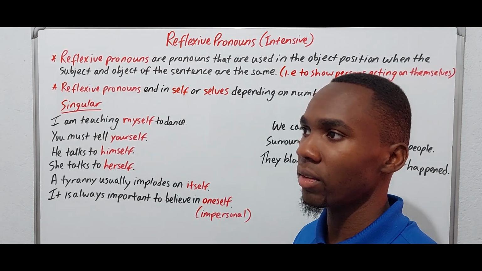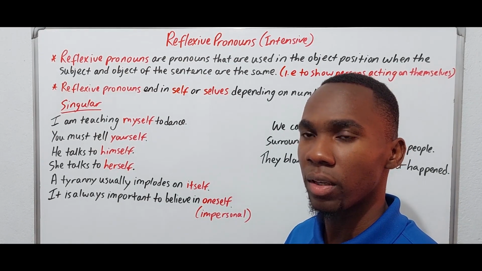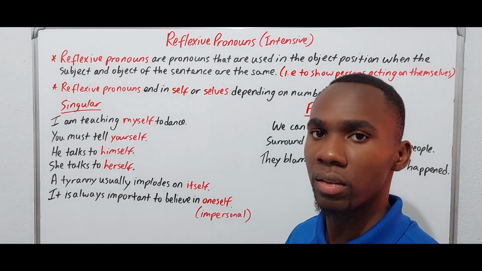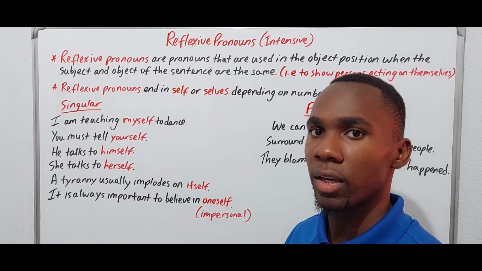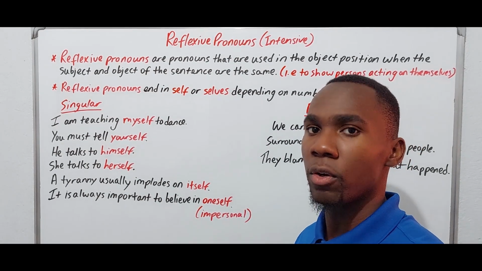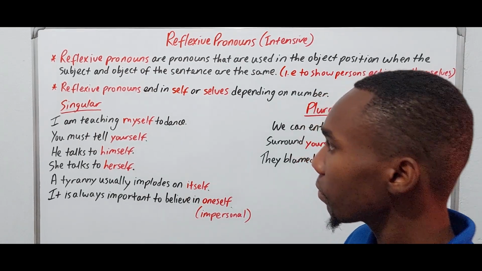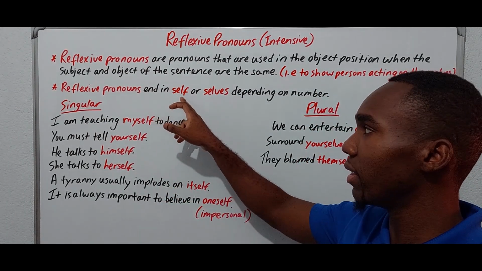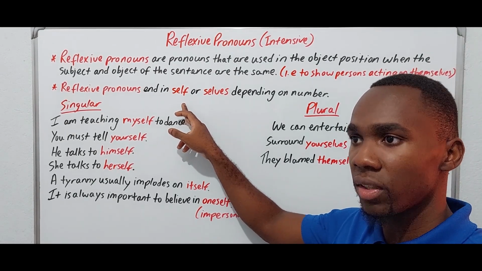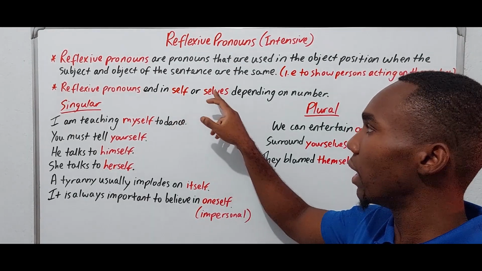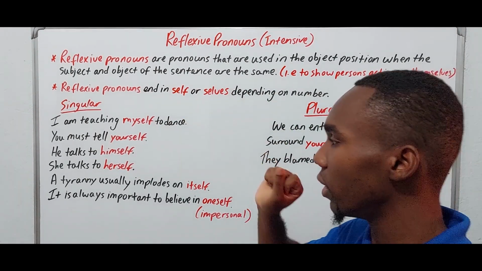So in this case, the antecedent would be the subject, not necessarily subject pronoun, but the subject, and the reflexive pronoun must agree with that, right? So reflexive pronouns end in self, given that the subject and the object will be the same, and selves would be the plural, and of course these would depend on number.